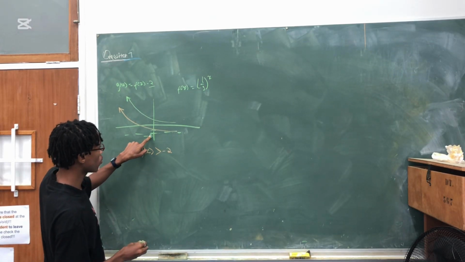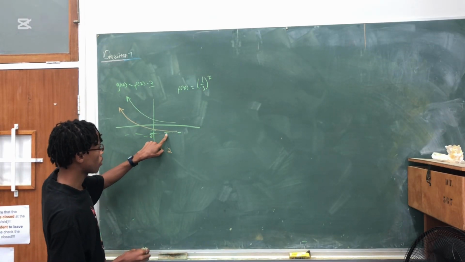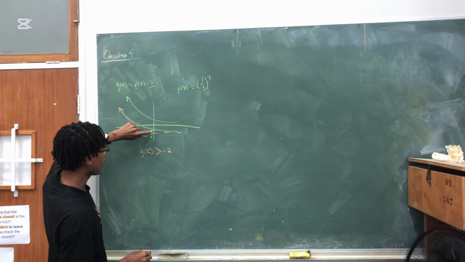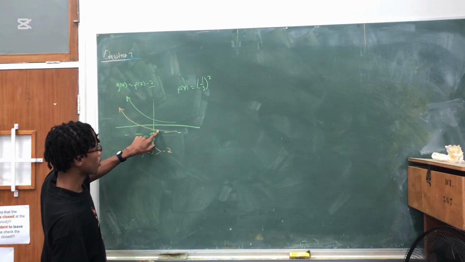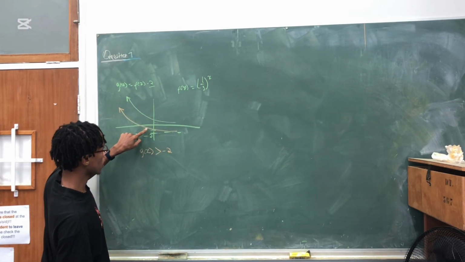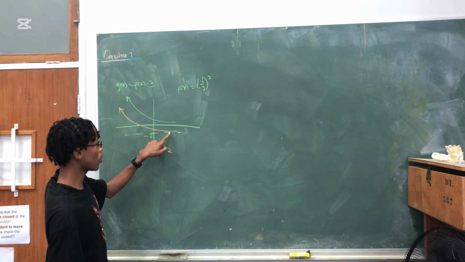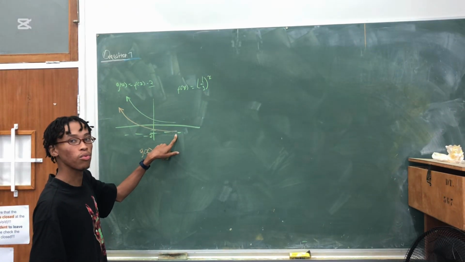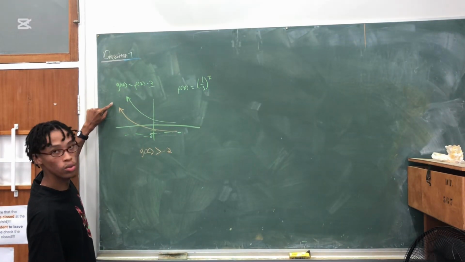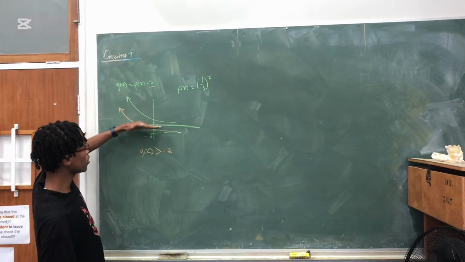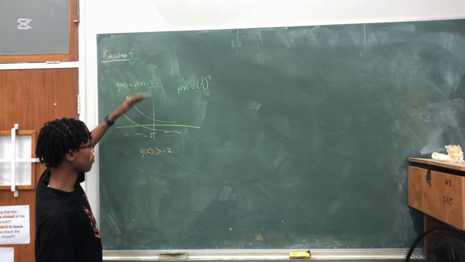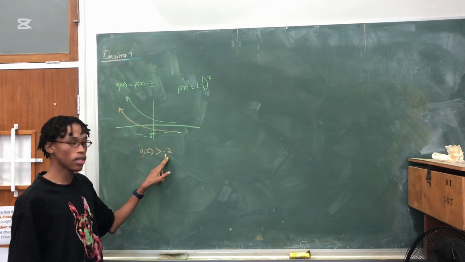Because our new asymptote is -2, our function covers values that are greater than -2. This end will try to reach -2, but it will not reach it, whereas this end will go to reach other y values. So everything above -2 is the range of g of x, values that are greater than -2.